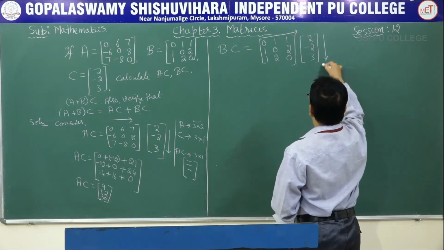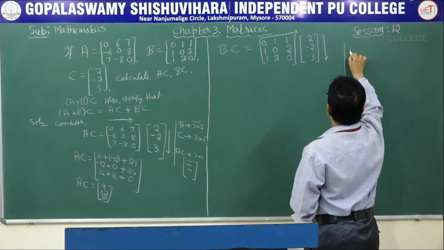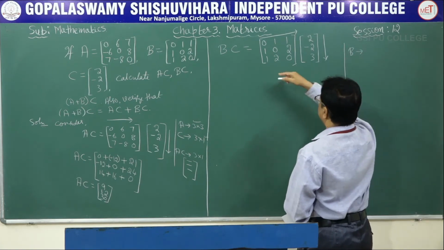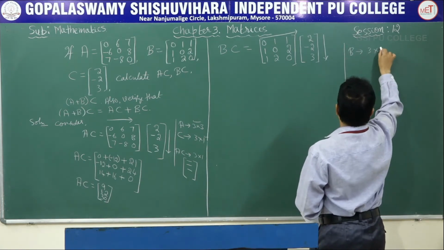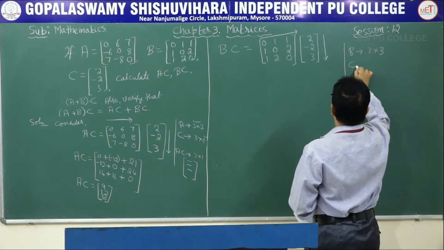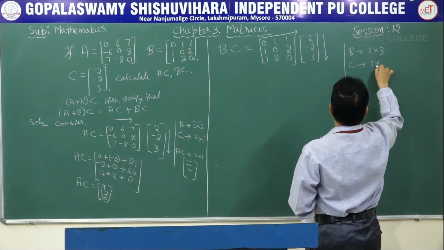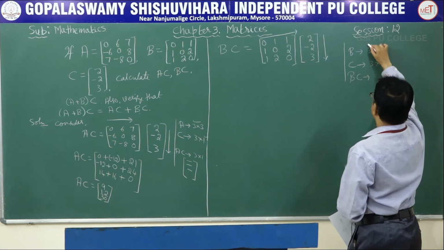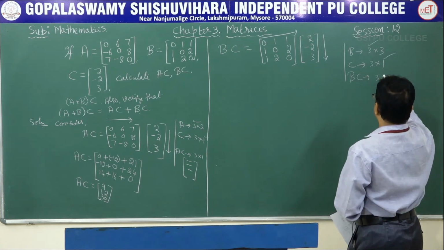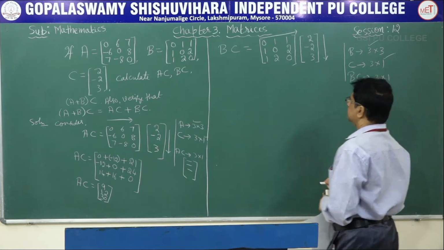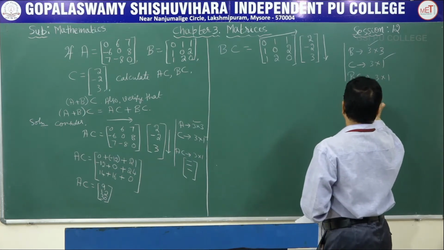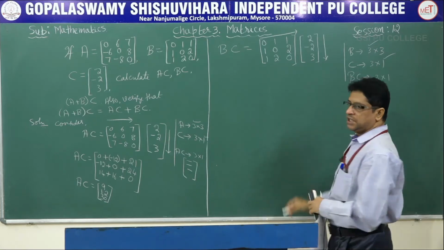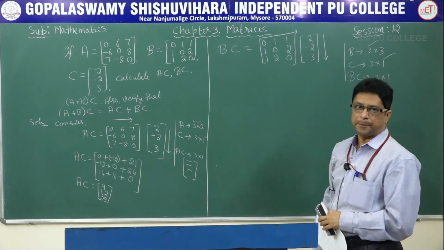Row into column. So B matrix will be of the order 3 into 3, C matrix will be of the order 3 into 1, and BC matrix will be of the order 3 into 1. So that means BC matrix will have 3 rows and 1 column.